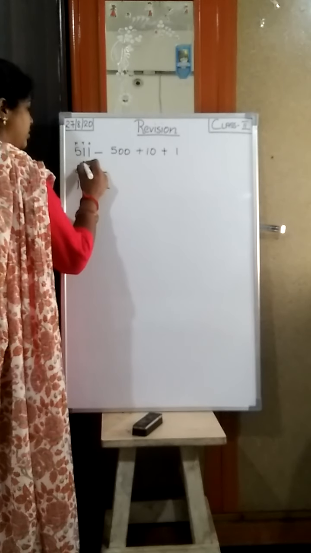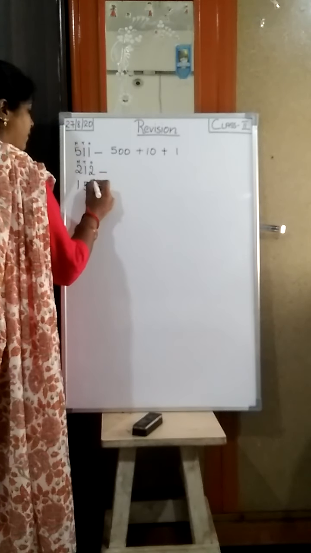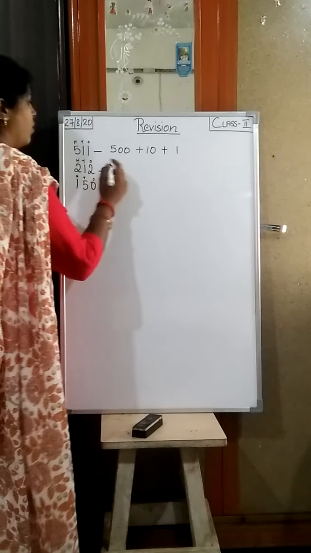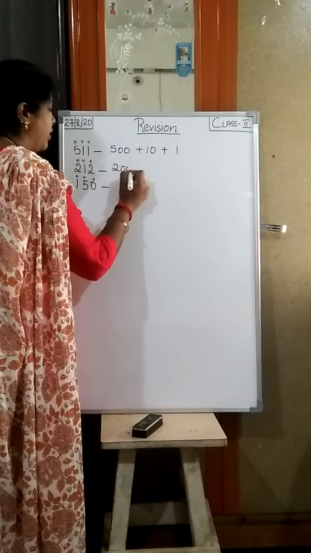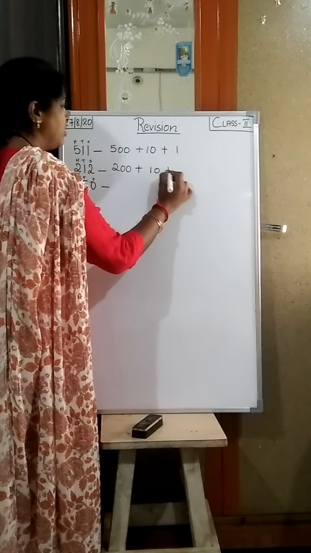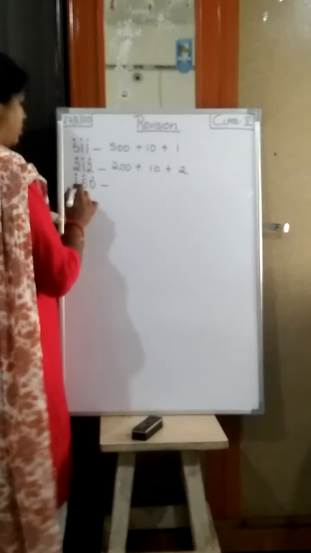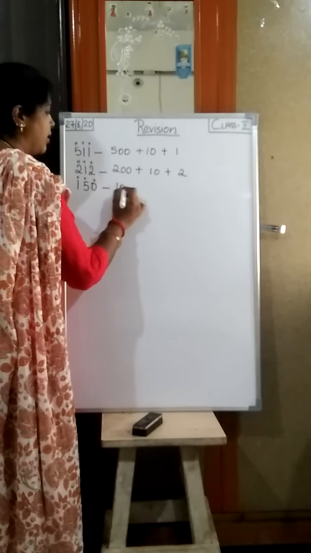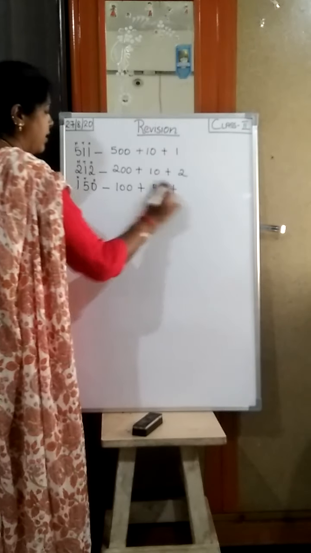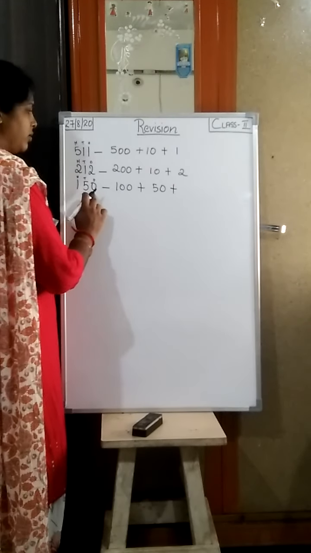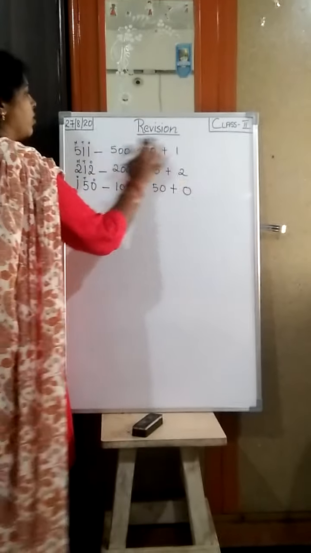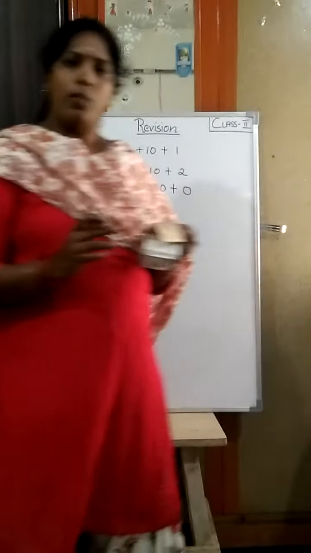Here also ones, tens, hundreds. Okay children. Now 200 plus 10 plus 2. Now 100 plus 50 plus, here in ones place we are having 0. So put 0. So this is called expanded form.